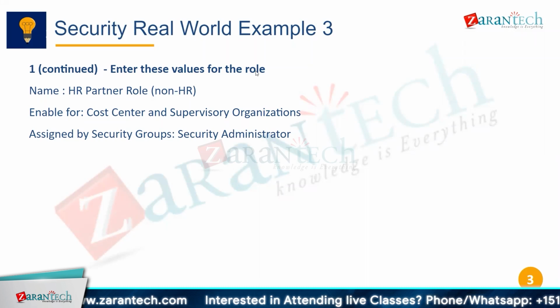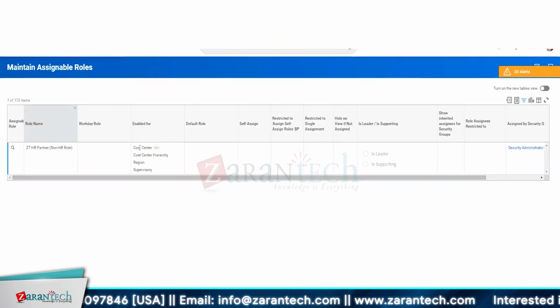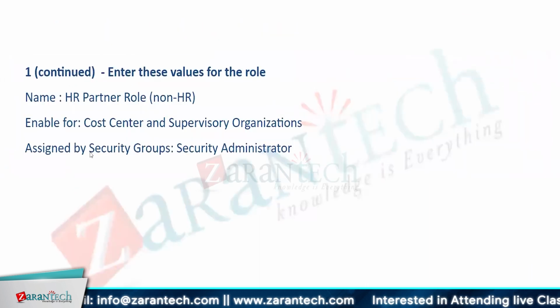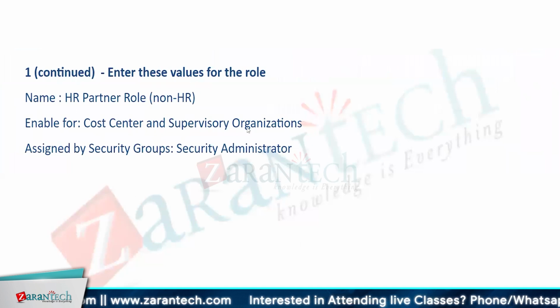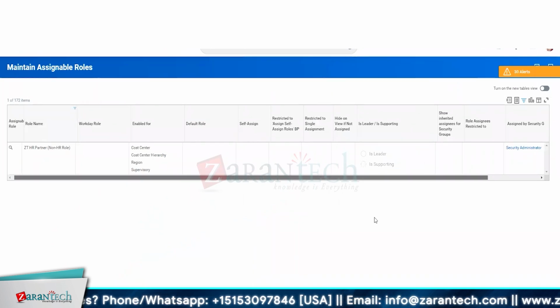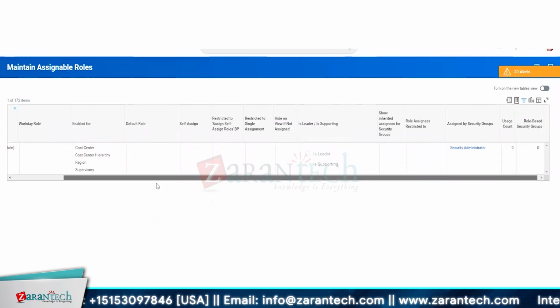Enter these values for the role: name, HR partner, non-HR, cost center, and supervisory organization, assigned by security administrator. So we have done cost center, region, supervisory, and assigned by security administrator, and it is right here.